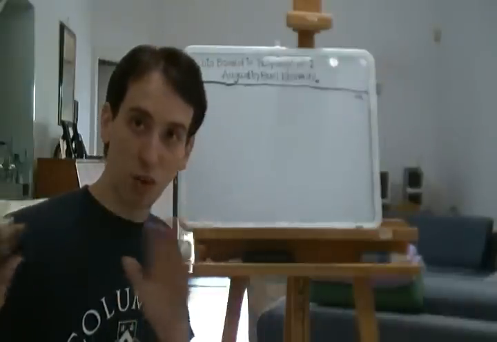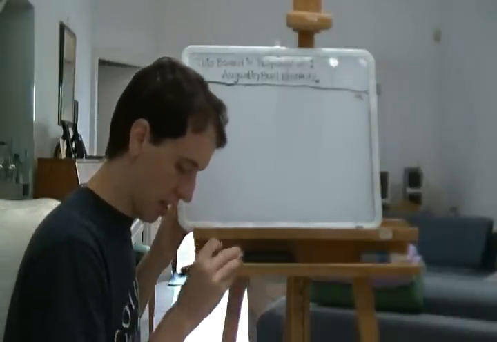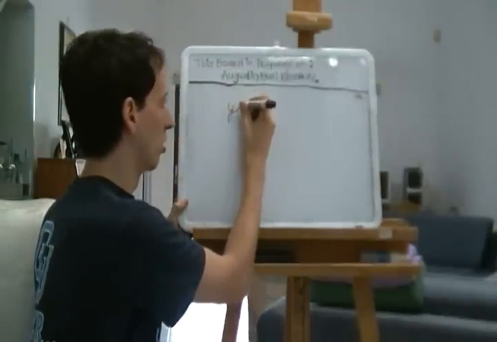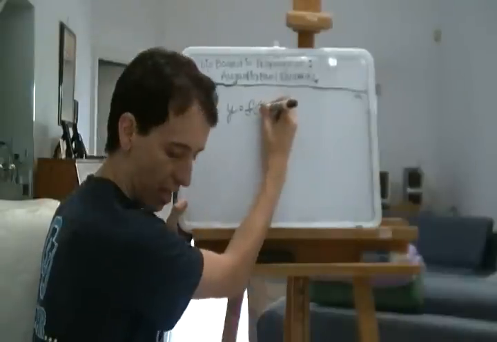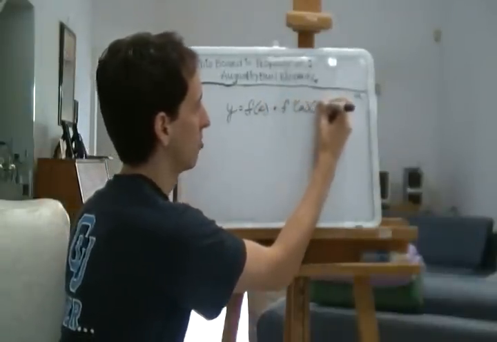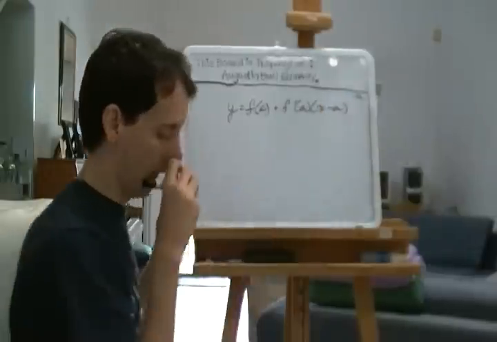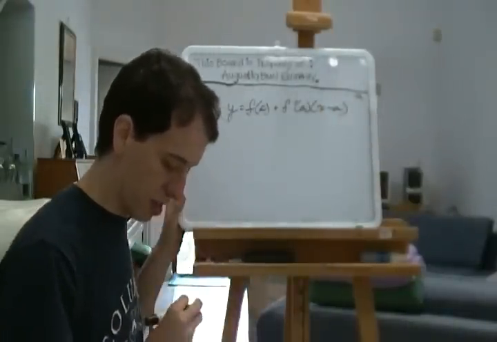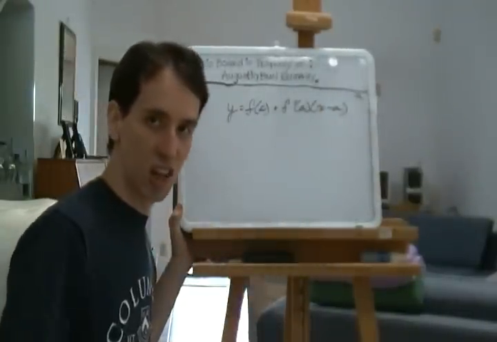First, let me write the equation for you. y equals f of a plus f prime a times x minus a. Okay? That's the equation of the tangent line.